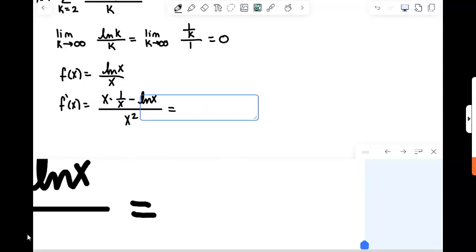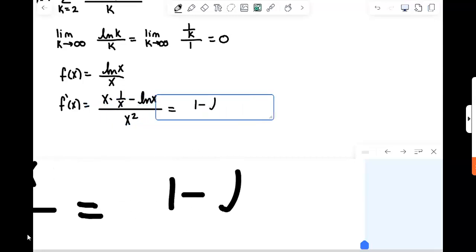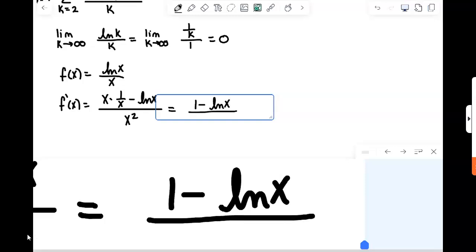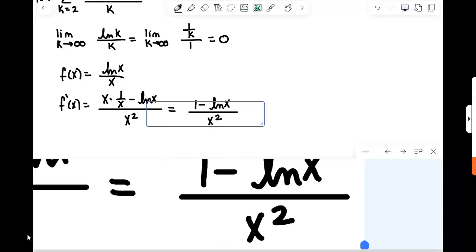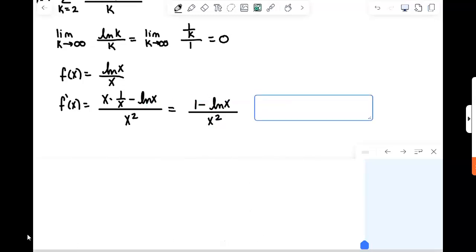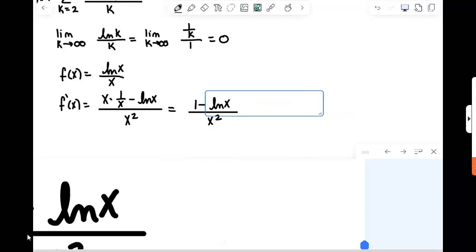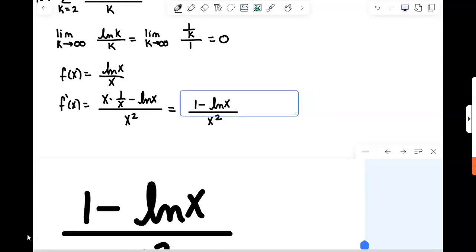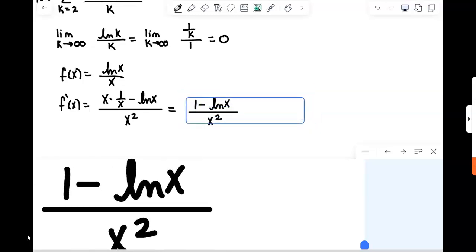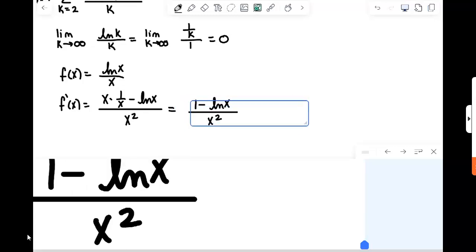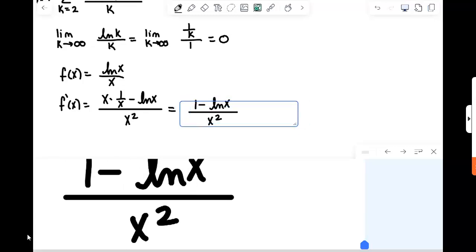So the derivative simplifies to be 1 minus ln of x over x squared. So we say, what's going on with this? Well, as long as ln of x is bigger than 1, this thing will be negative, which is what we need it to be.